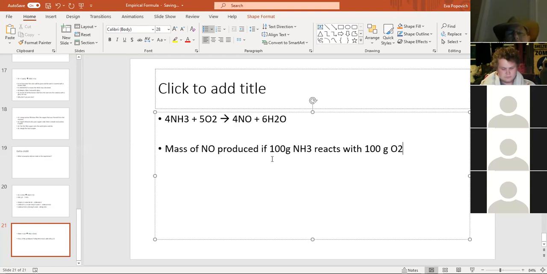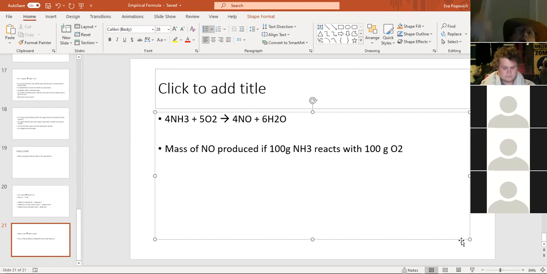Okay, so I have an amount of the first reactant and an amount of the second reactant. Immediately looking at the problem, if you see that, you know you have a limiting reagent problem. You're going to run out of one of your chemicals. When you run out of one of your chemicals, the reaction stops. And whatever you've produced to that point is the amount that you produce, and that's what you report out.